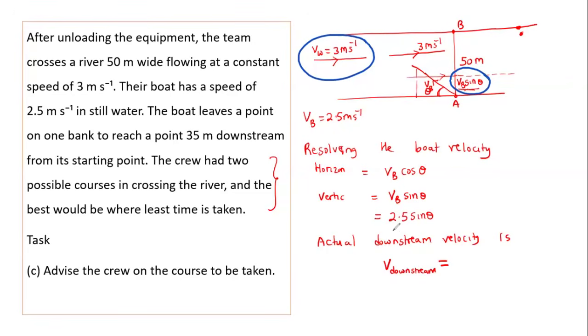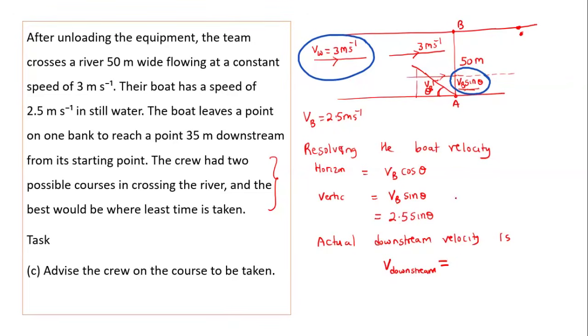Okay, repeat that. The reason we are subtracting is that at the end of the scenario, our boat is moving downstream. Therefore, the V of the water is greater than the one moving up, the one we have resolved, VB sine theta. It is moving upstream, yet the V of the water is moving downstream. So since they are in different directions, we shall subtract the VB sine theta from the V water.